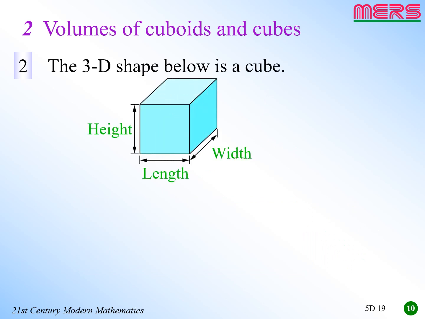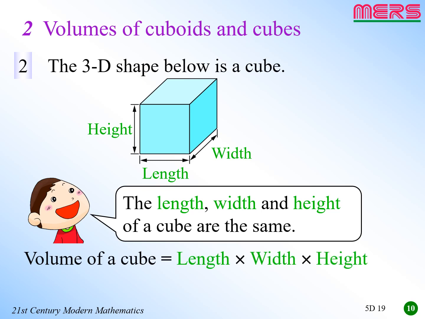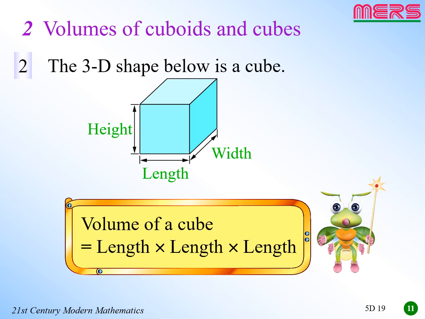Now take a look at the cube here. It is a 3D shape. The length, the width and the height are the same. The volume of the cube is equal to length times width times height. But the lengths of the three sides are the same.